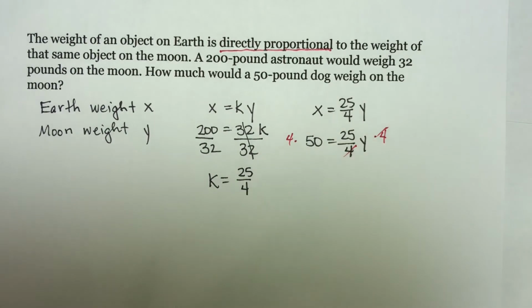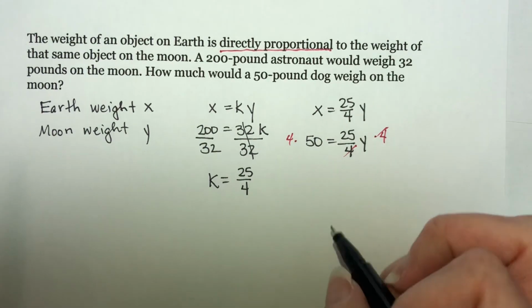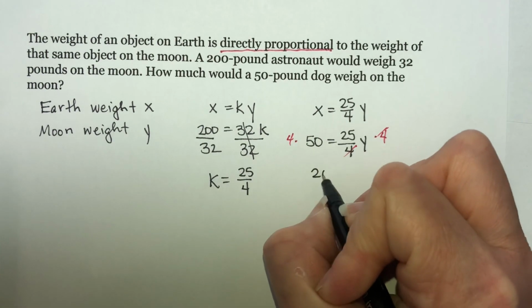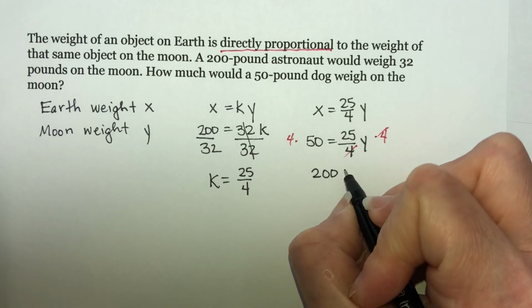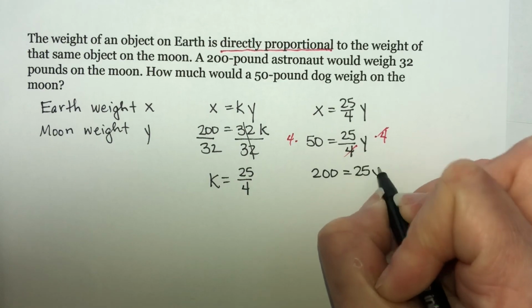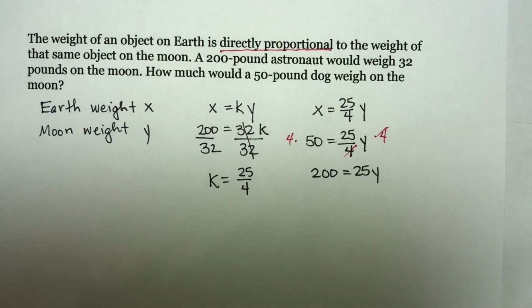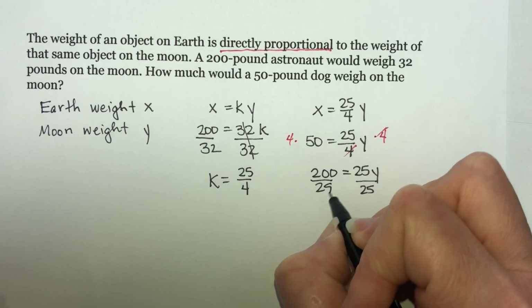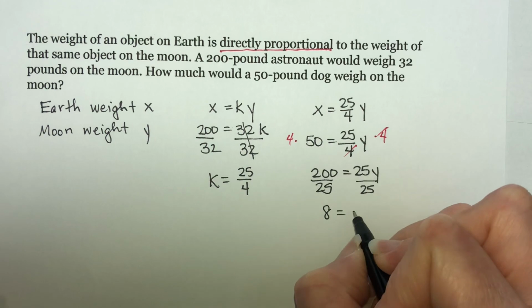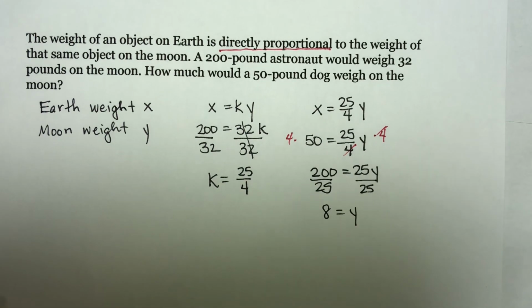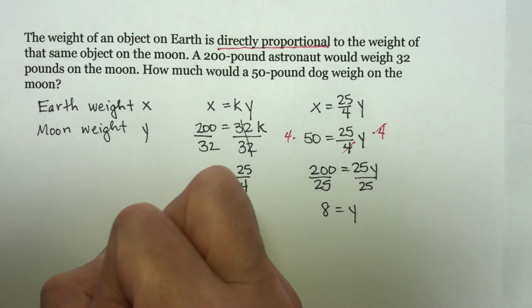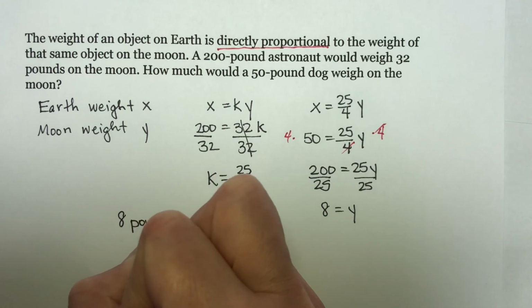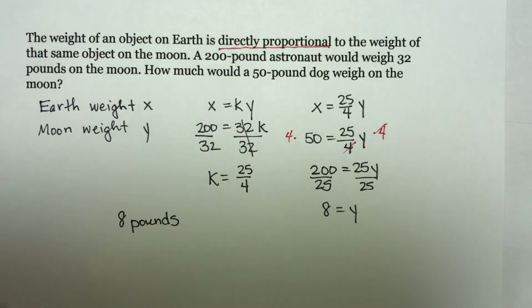These will cancel out. 4 times 50 would be 200, is equal to 25y. Divide both sides by 25. And you would get 8 is equal to y. So how much does the dog weigh on the moon? 8 pounds. And that would be your answer.